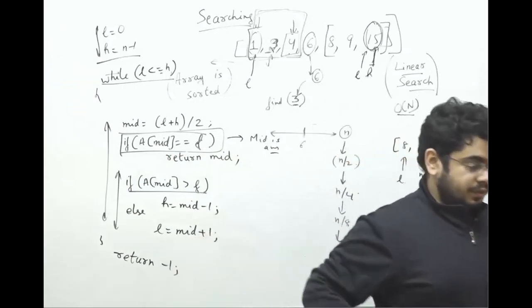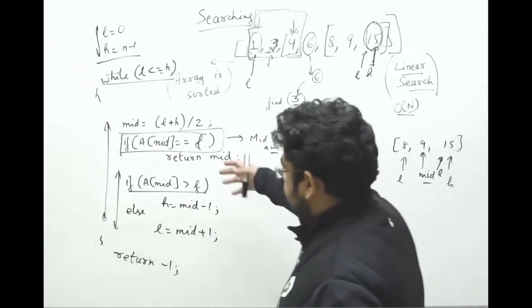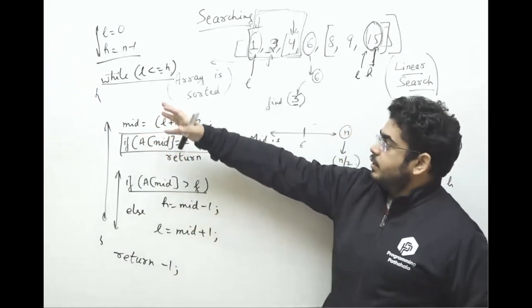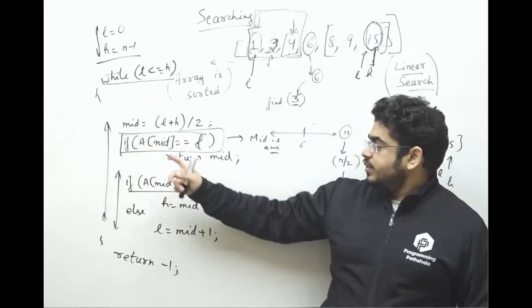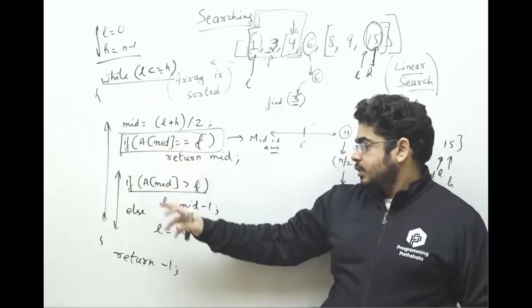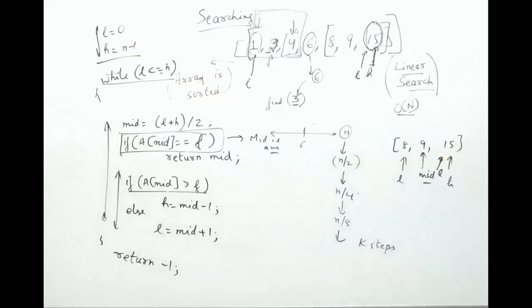But does that make sense? You don't need to touch the remaining part in most of the cases. This mid calculation, this while L less than equal to H, and so on, right? You just need to touch this condition, this condition, and these two. That's it. And everything will work as it is.